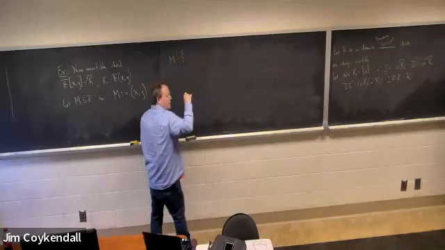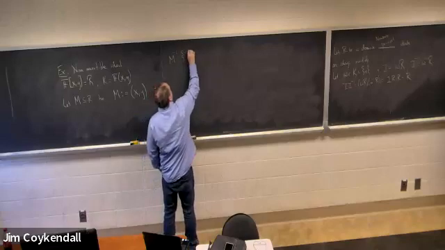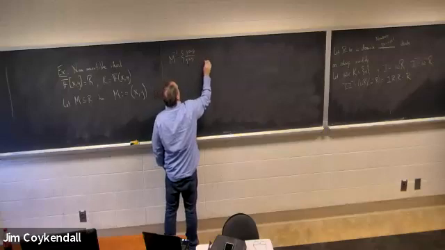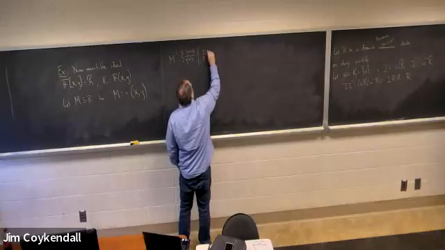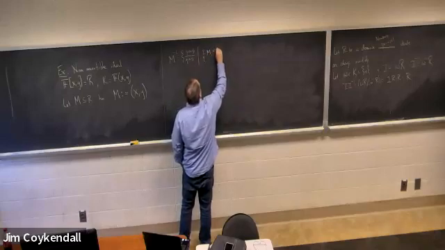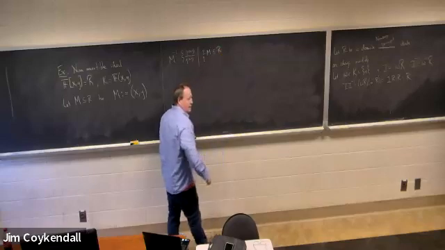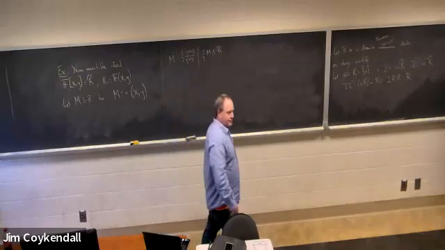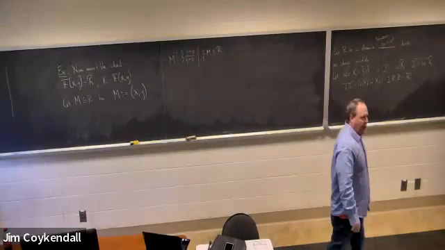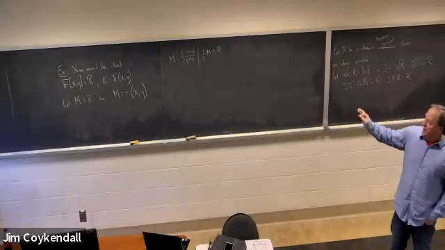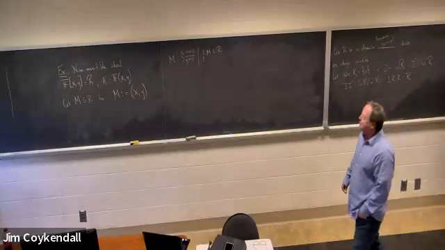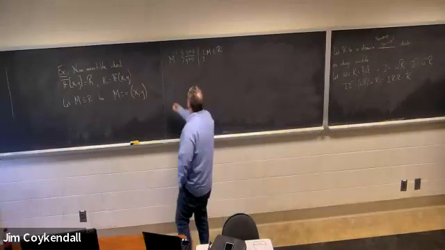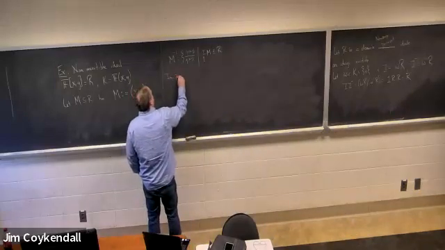This is the set of rational functions, so I'll write it this way, quite abbreviated, such that, okay, this is all the rational functions that take the maximal ideal and put them back in to make a polynomial, right?